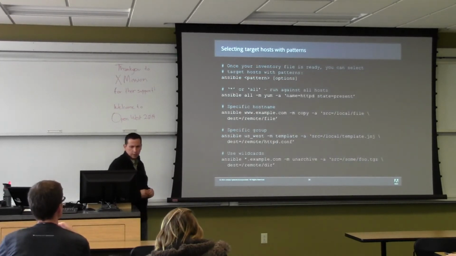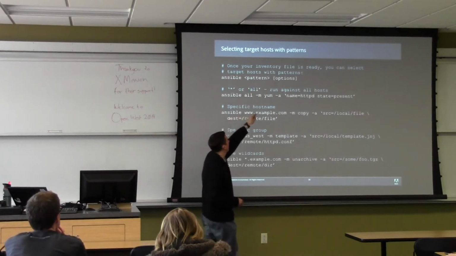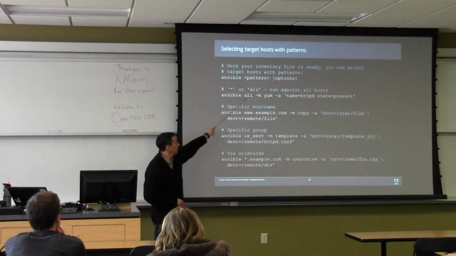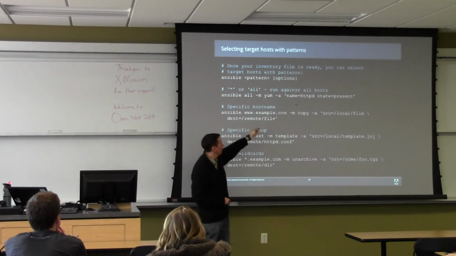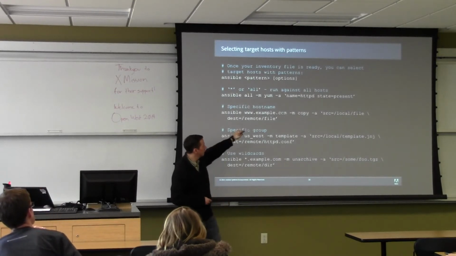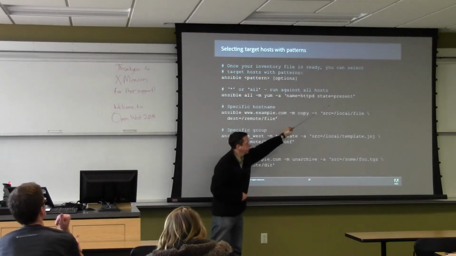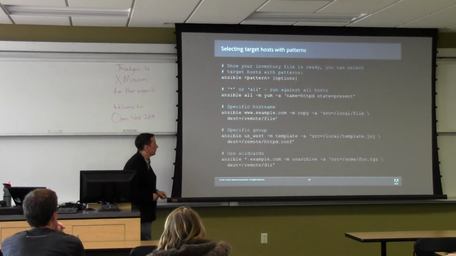Once your inventory file is ready, you can select target hosts with patterns. So you do ansible, pattern, and then options. So run this on all hosts using the yum module, giving these arguments. And throughout these examples, I'm trying to give you a feel for some of the different modules that are available. So this one's using the yum module that says, look, install this package, make sure it's present. So it'll go out and install that package for you. And using this all, you can target all your hosts in your inventory.